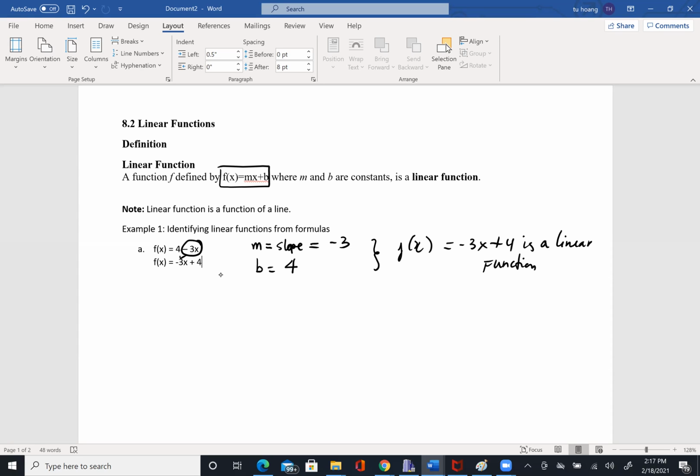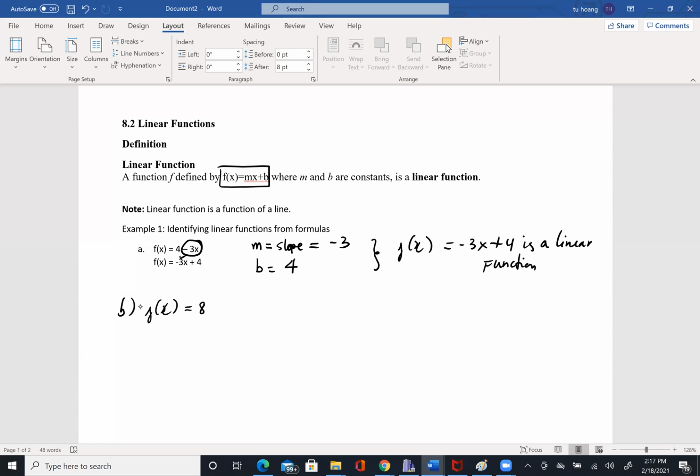Okay, let's have another problem. Let me write better. So I have f(x) equal to 8. Is it a linear function?